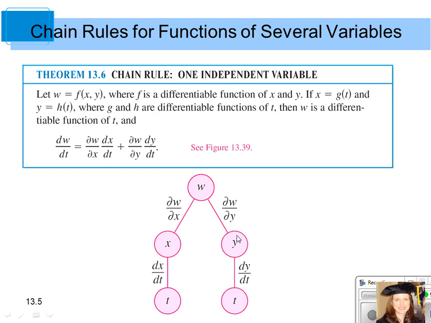The partial derivative of w with respect to y times the derivative of y with respect to t. And you're going to add those two together. So you multiply going down from the top to the bottom, and then you add all of those branches together. That's how you can find the derivative for a function of several variables when you have a few equations and you're using partial derivatives.